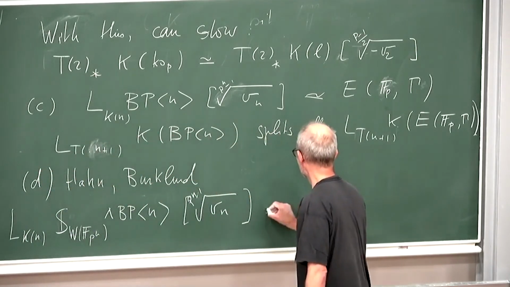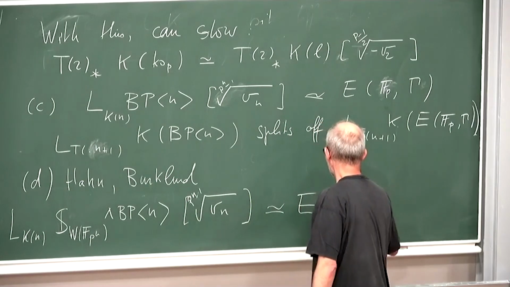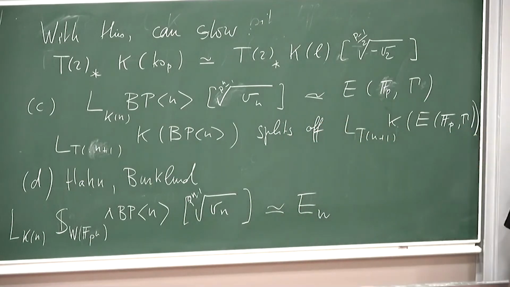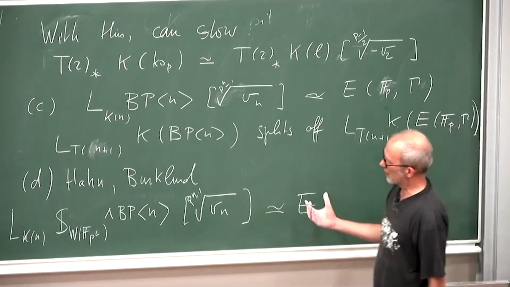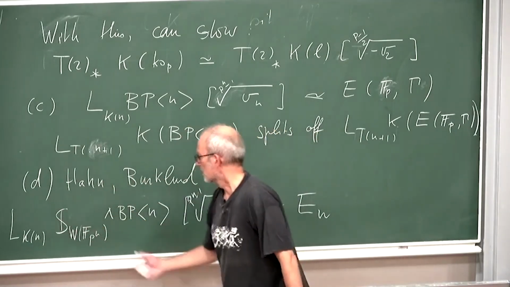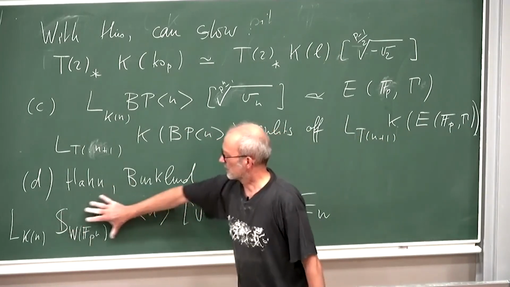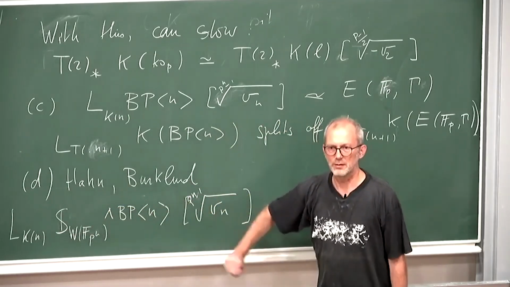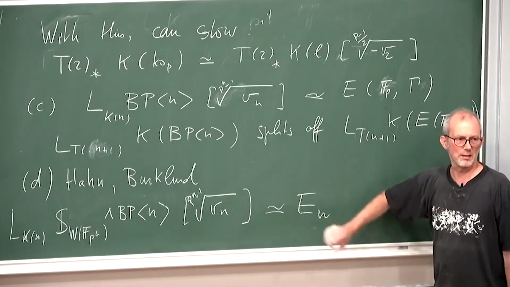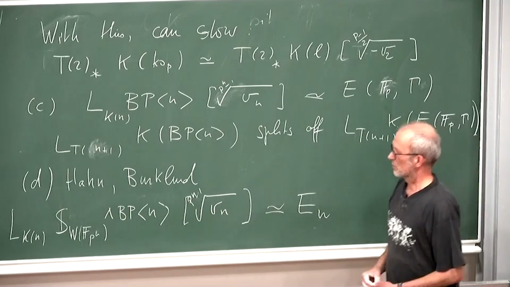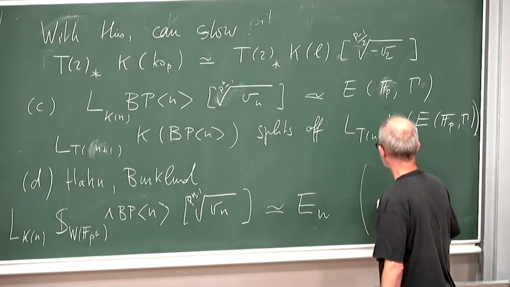You will recover a Lubin-Tate spectrum. And then you can somehow prove, along the lines of Hahn-Wilson, that the K-theory of this guy doesn't vanish, so you will deduce that the K-theory of this guy doesn't vanish, which is also nice.